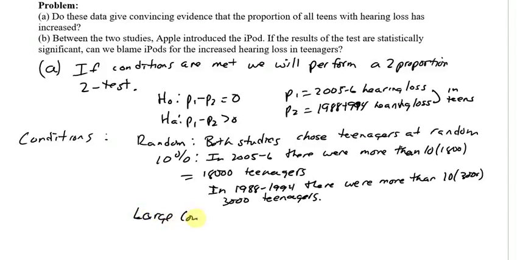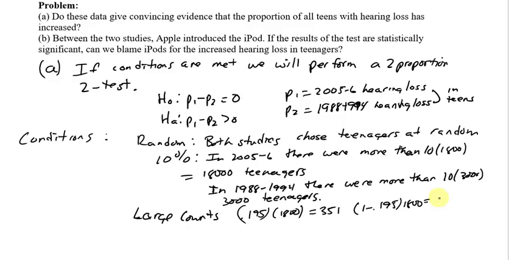So 0.195 times 1,800 equals 351. And 1 minus 0.195 times 1,800 equals 1,449.